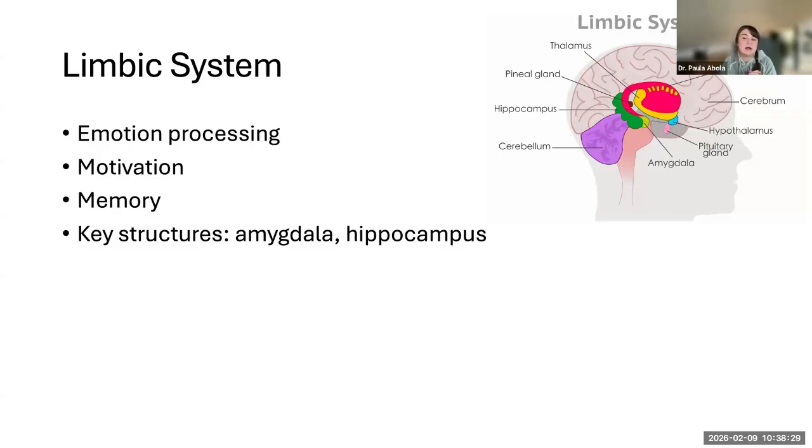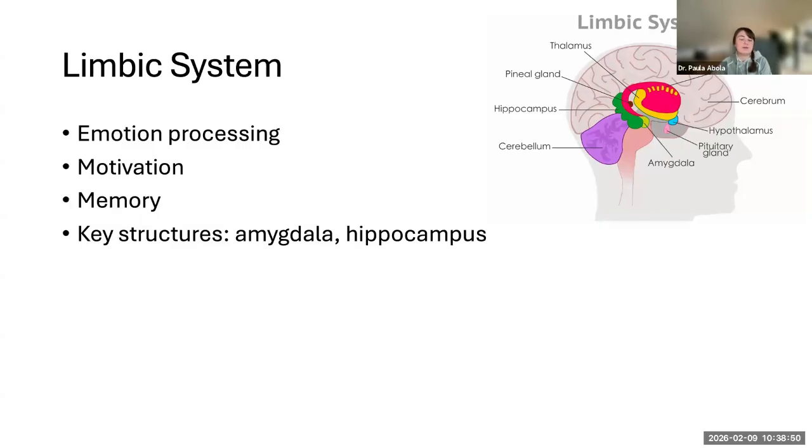Together, these areas help determine how we experience emotions, assign emotional significance to events, and store emotionally meaningful memories. This close integration explains why emotionally charged experiences are often remembered more vividly than neutral ones.